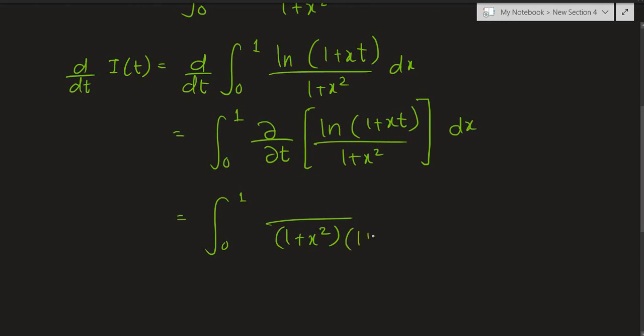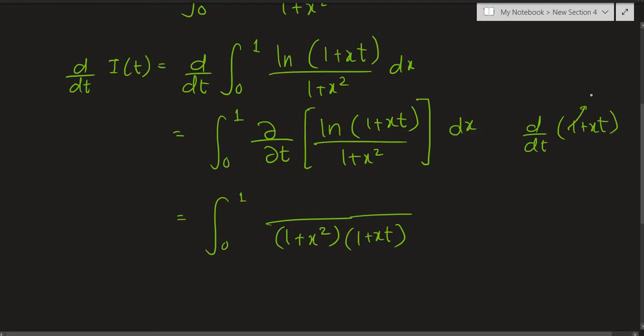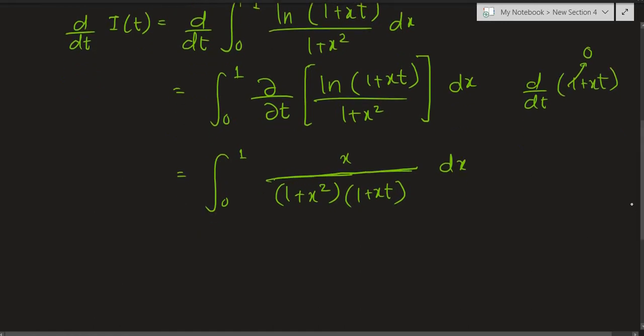So that will be 1 plus x times t, and then when we differentiate 1 plus x times t, x is a constant, 1 differentiated with respect to t is 0, so we just have a simple x because t gets differentiated, dx. So that's exactly what you get when you do I prime. This will be I prime of t using a Newtonian notation.